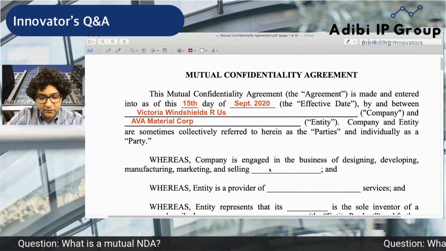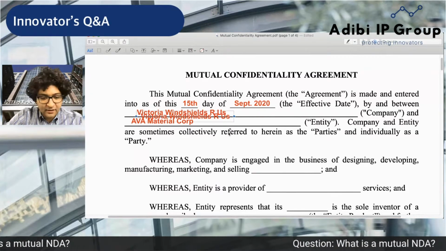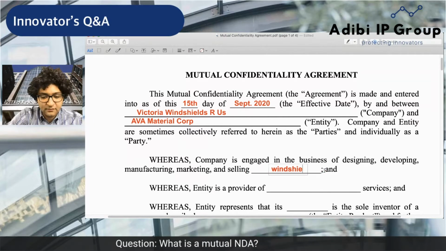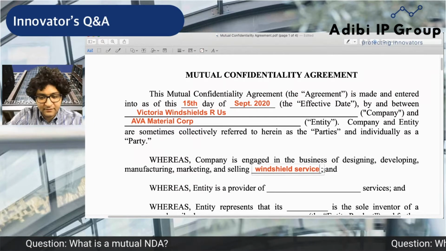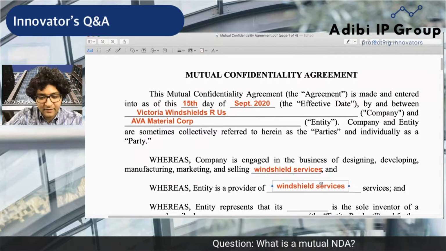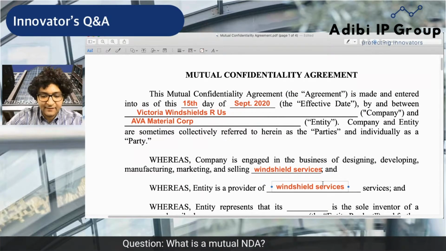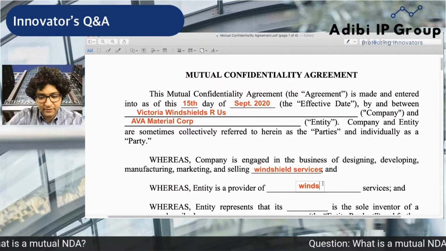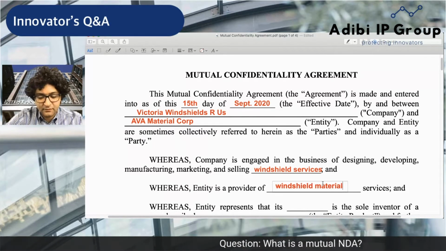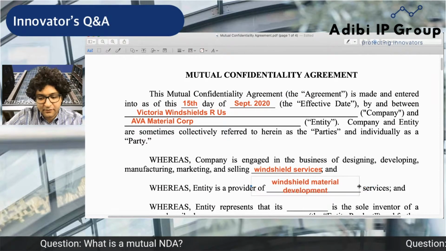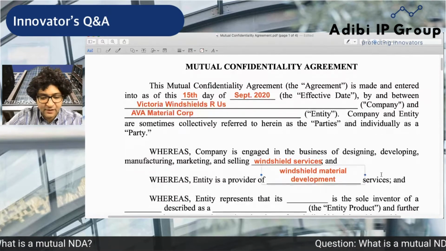So Victoria is engaged in the business of developing windshield services. And I'll be the entity that is busy developing windshield materials development services. So let's see how we can work together.